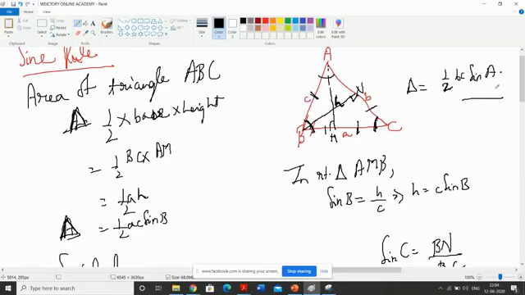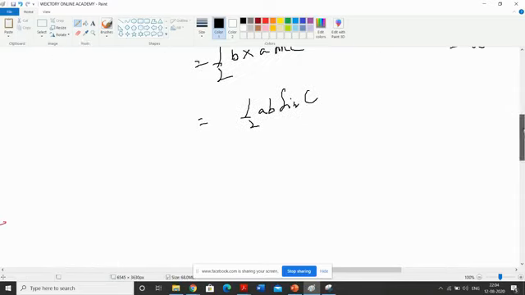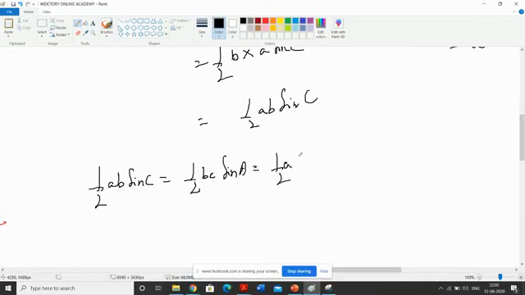So half ab sine C equals half bc sine A equals half ac sine B, right? You are using three different ways to find out the area of same triangle. So these three have to be equal.